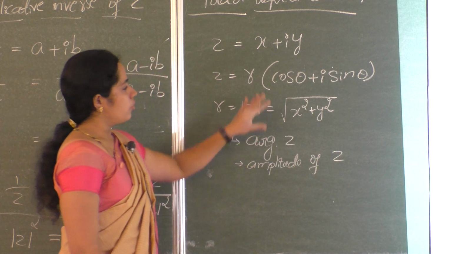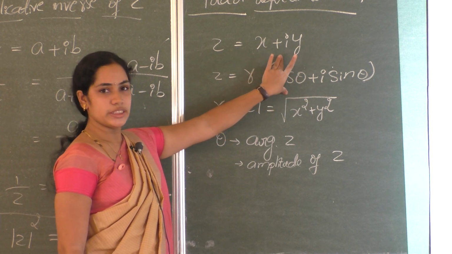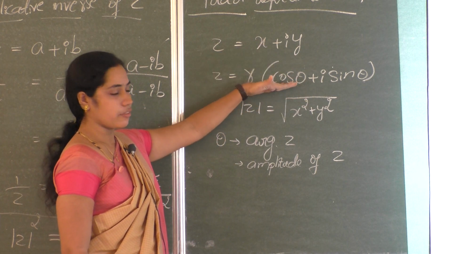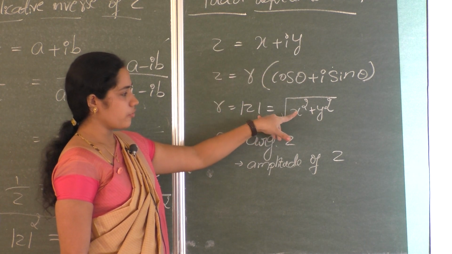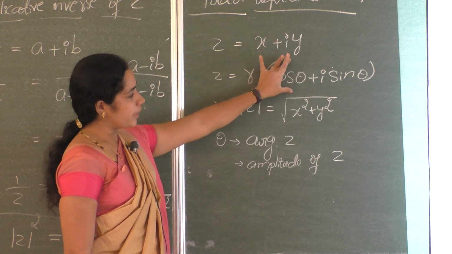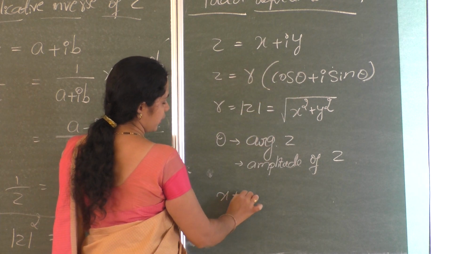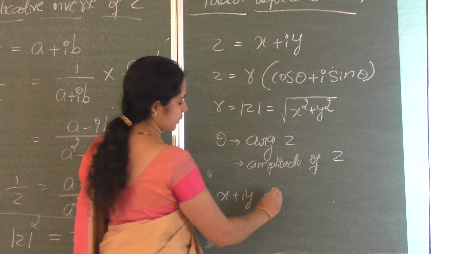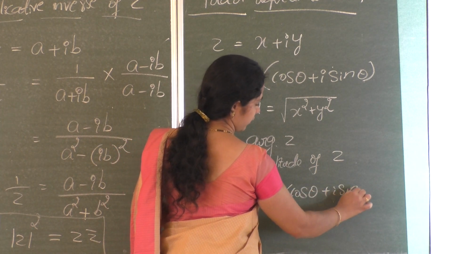Now we need to find out the values of r and theta, then we need to substitute here, we will get the polar form. See, what is r here? r is the modulus of a complex number, directly we can find out here. To find out theta, let us compare this. z value x plus iy is equal to r into cos theta plus i sin theta.